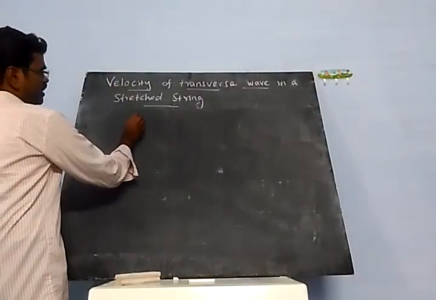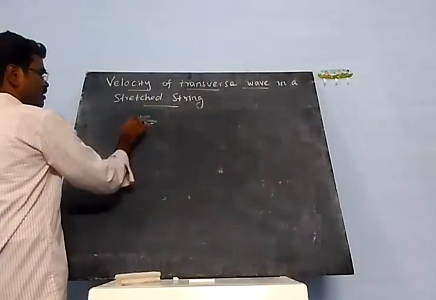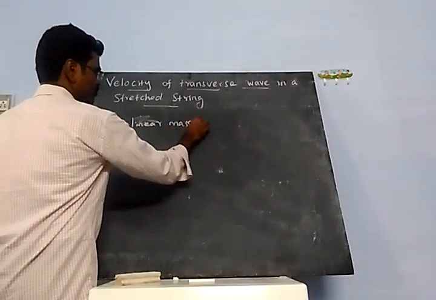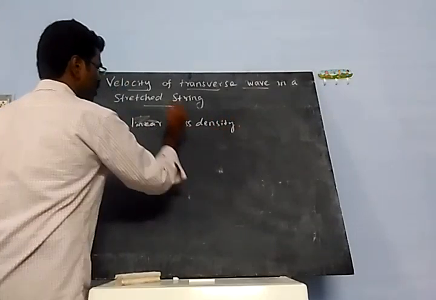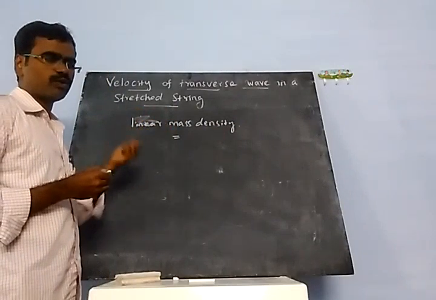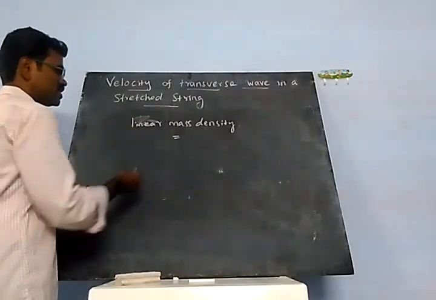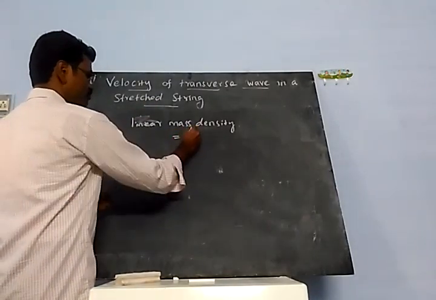Next I am going to calculate the linear mass density. Density means mass per unit volume. Here, linear mass density is mass per unit length.